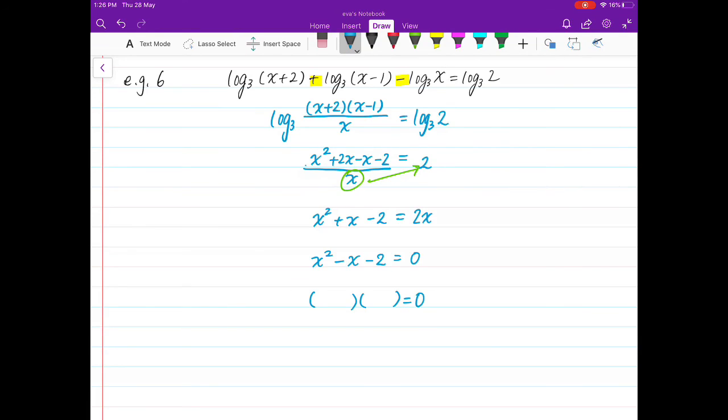So simply solve the quadratic equation. This is (x minus 2) times (x plus 1). So x equal to 2 or x equal to negative 1. So once again, we have to check whether it is okay for the negative number. This is not valid for the last one, so we have to reject the negative 1.